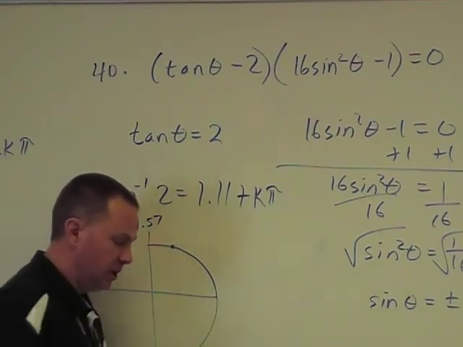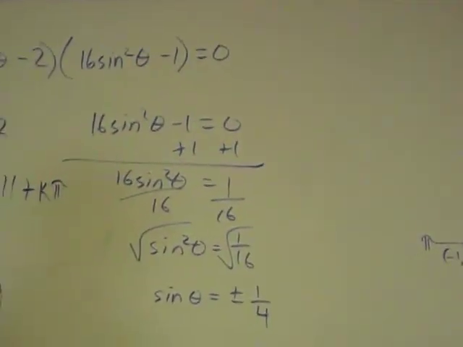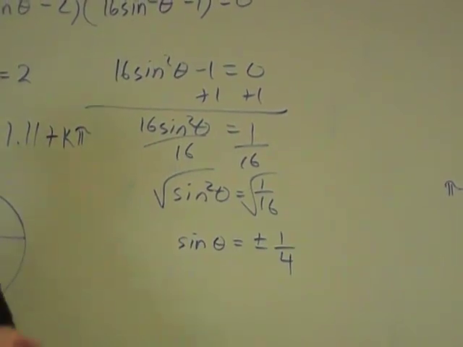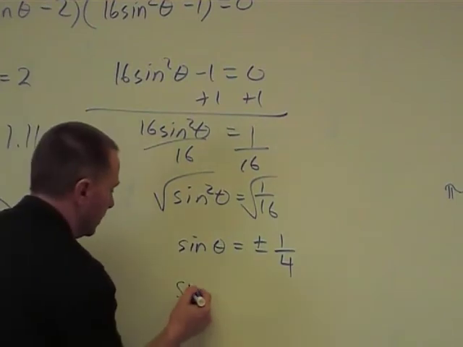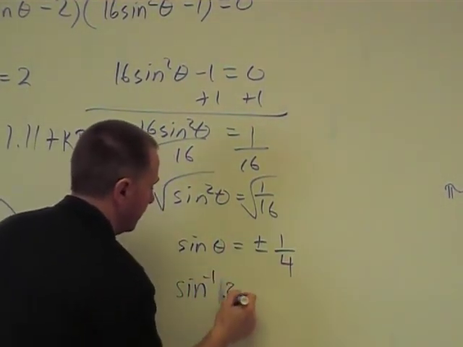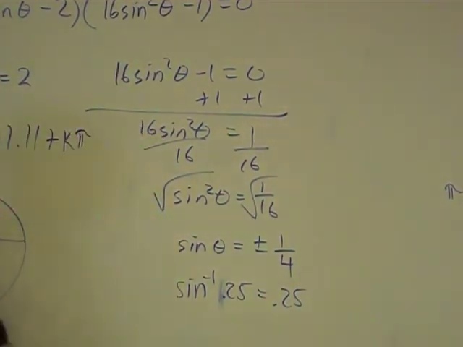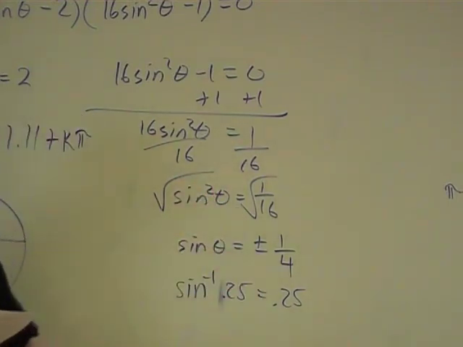What'd you get for the arcsine of 0.25? Raise your hand if you've got your graphing calculators. Okay, then I want you to answer. What is the arcsine of 0.25? Yeah, it's very, very close. Remember, it's just like that 0.3. It's very close to the x-axis. The same thing for negative 0.25 is going to be negative 0.25 as well.